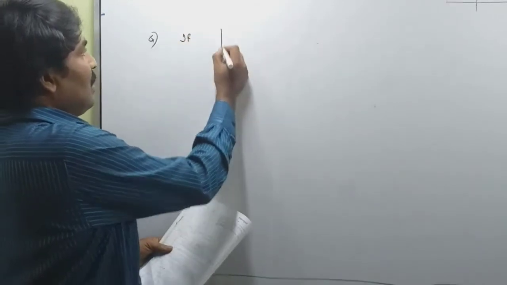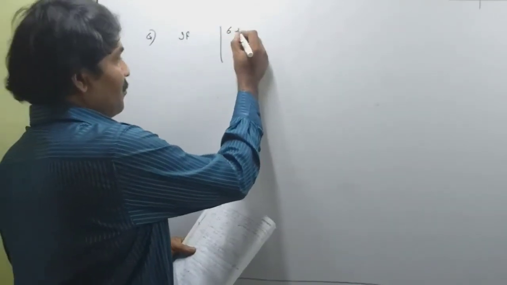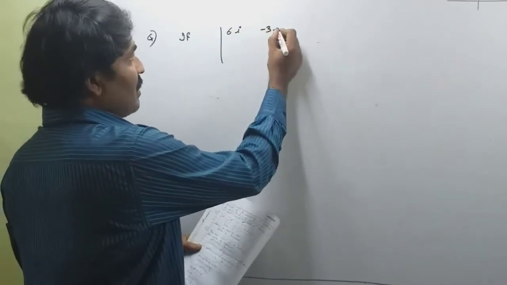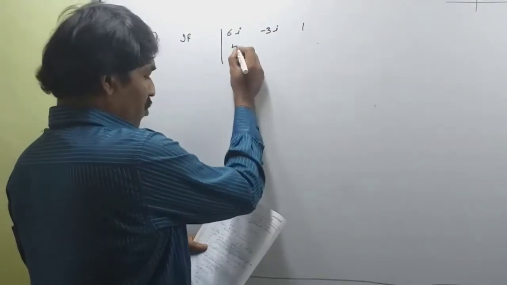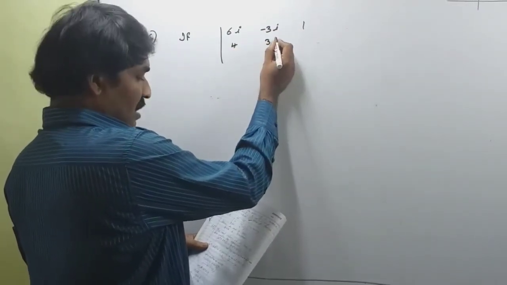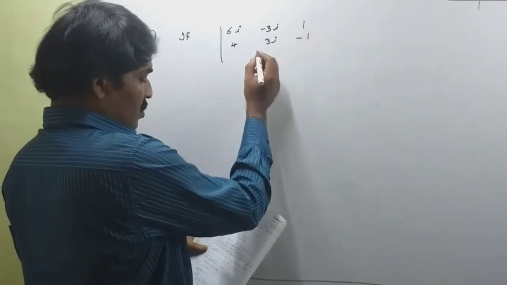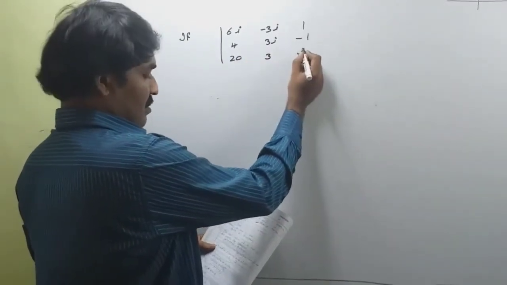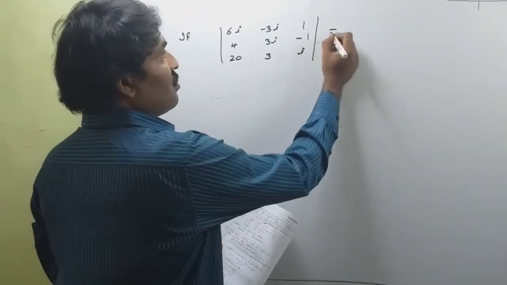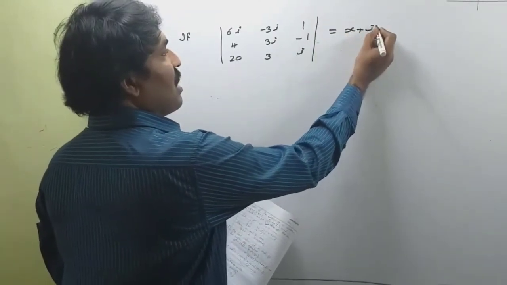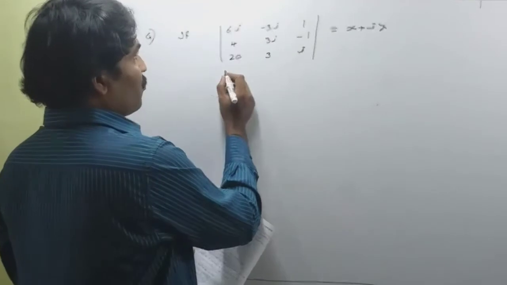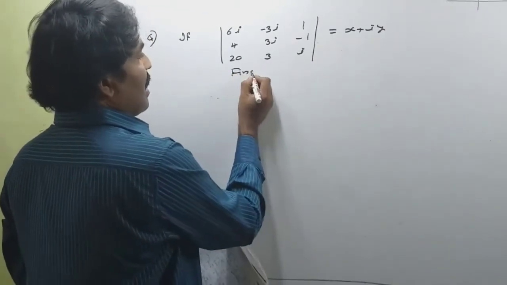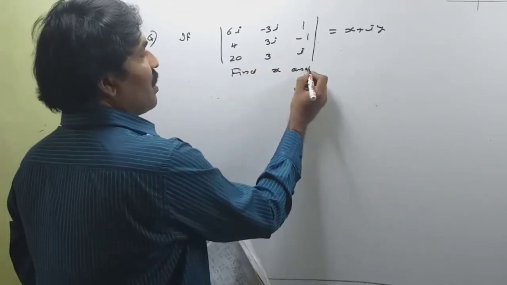If the determinant 6i, minus 3i, 1; 4, 3i, minus 1; 20, 3 and i, is equal to x plus iy, find x and y.